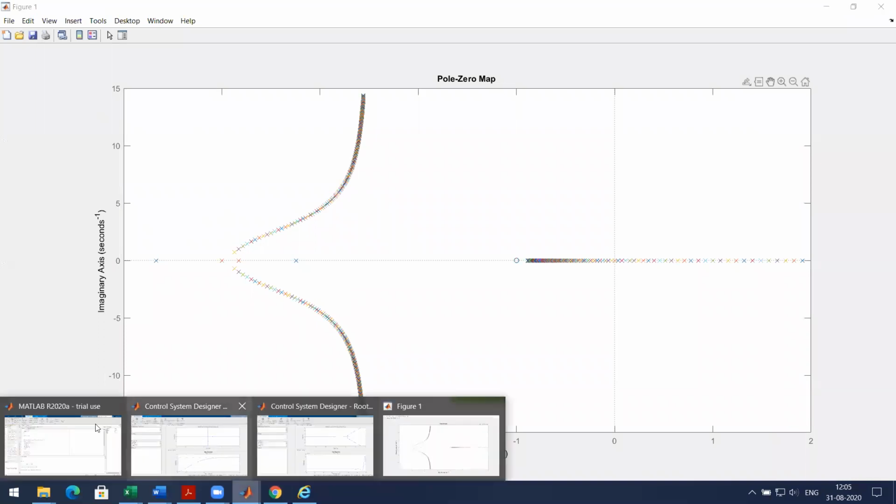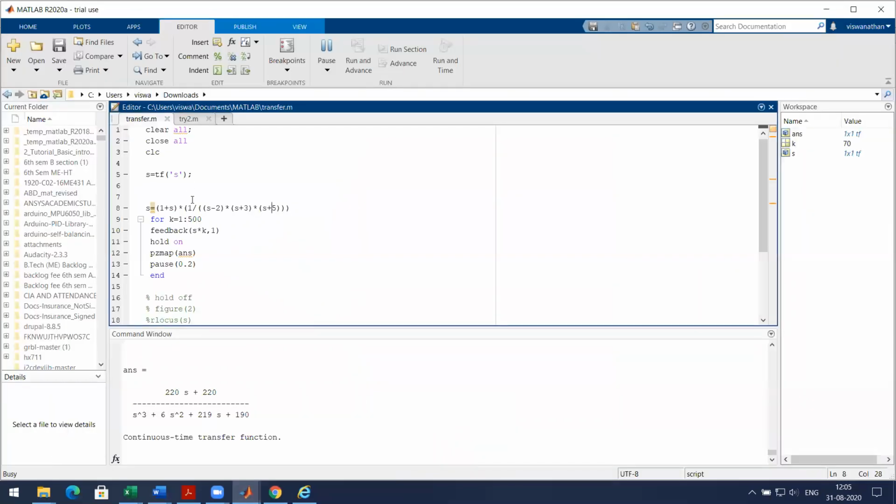So what we'll do now is we'll have a complex thing, s square plus 2s plus 3.